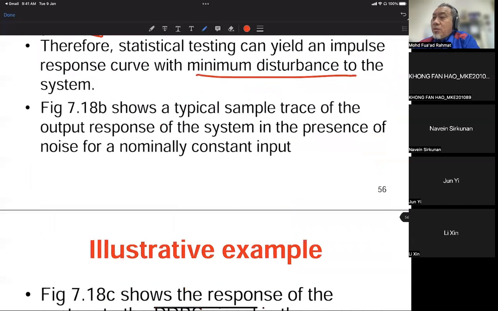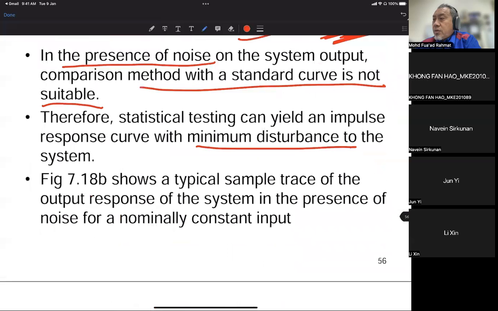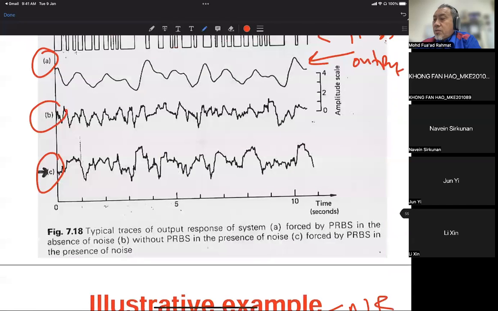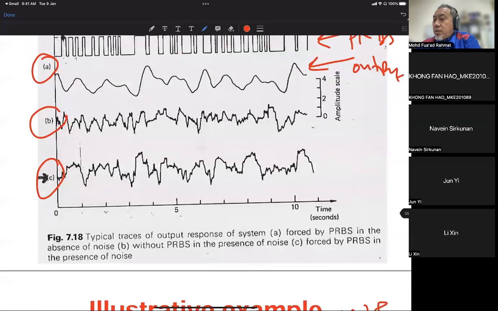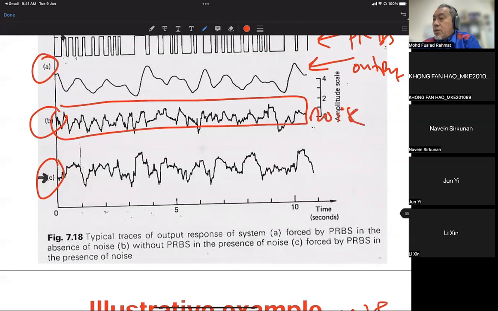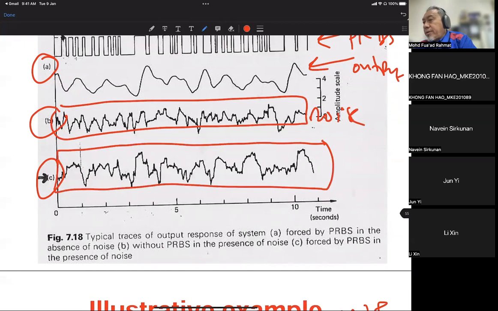Figure 7.18 shows a typical sample trace of the output response of the system in the presence of noise and nominally constant input. Look here. B is without PRBS, so this is the noise. No PRBS, this is the noise. And this one is the noise plus the PRBS signals together.